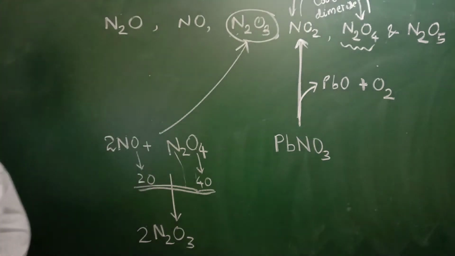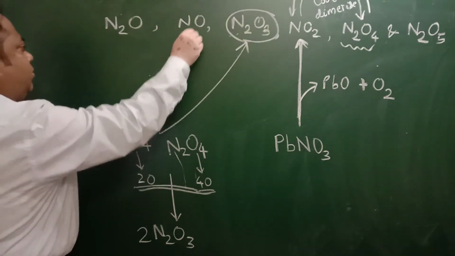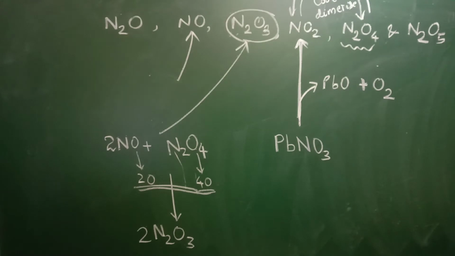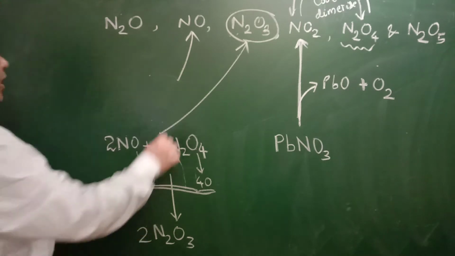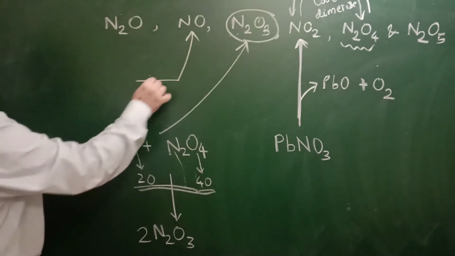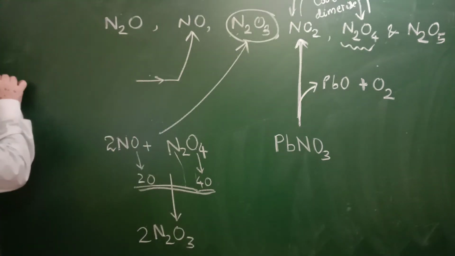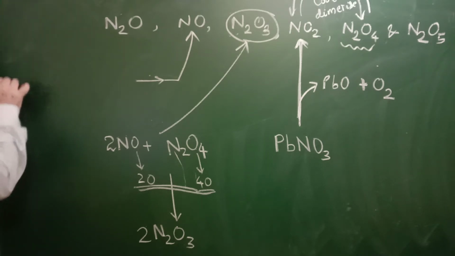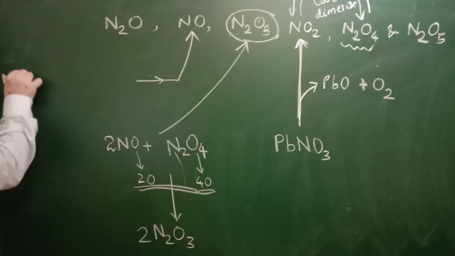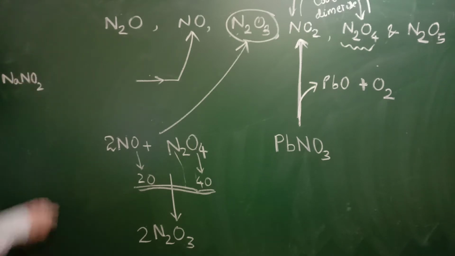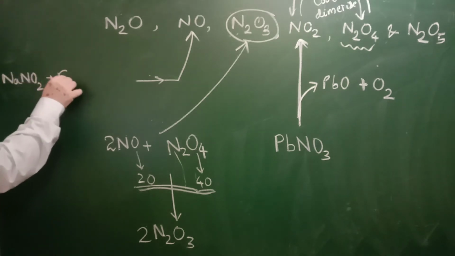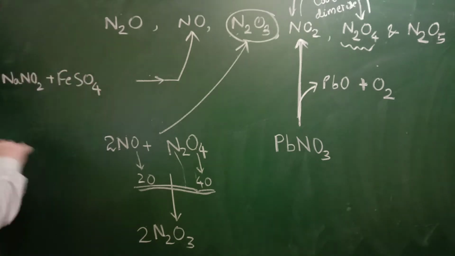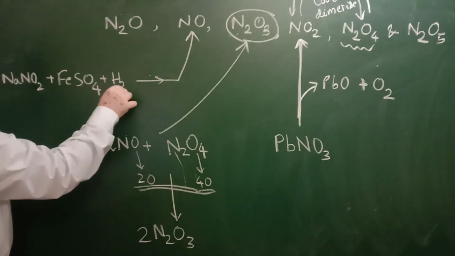Preparation of NO. How can we prepare NO? We can prepare NO by the Brown ring test reaction which you have done. How do we do the Brown ring test? We take any nitrite salt, say if we take KNO2 or NaNO2, then we will give freshly prepared ferrous sulfate solution and concentrated H2SO4.